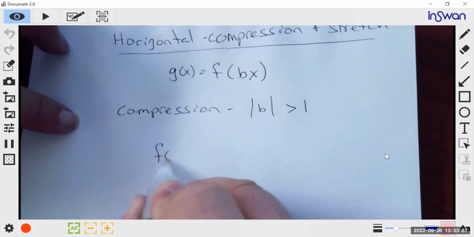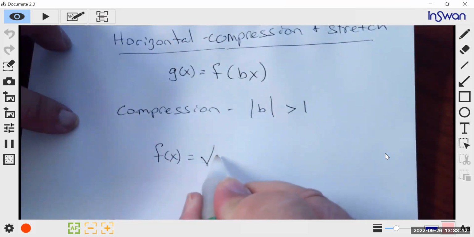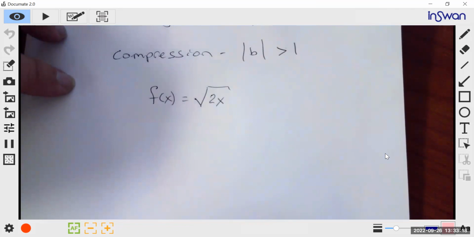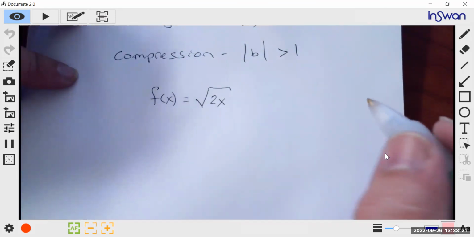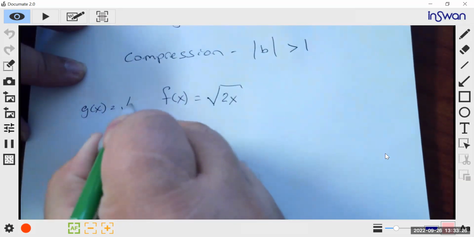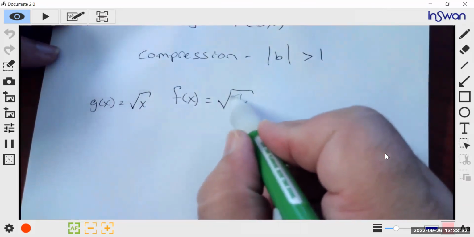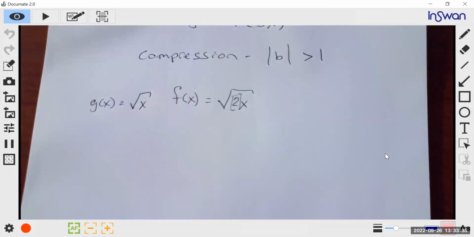Let's look at an example here. Let's see what this means. Let's do f of x as absolute value of x and g of x as absolute value of 2x. Since the coefficient of x is bigger than 1, what do you think is going to happen to the graph? Will it grow faster up or will it grow faster out? Well, let's see.